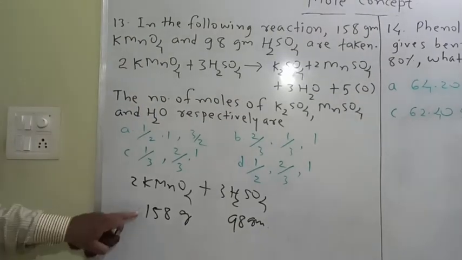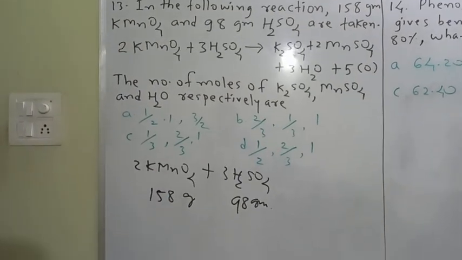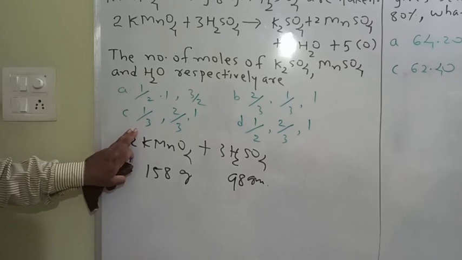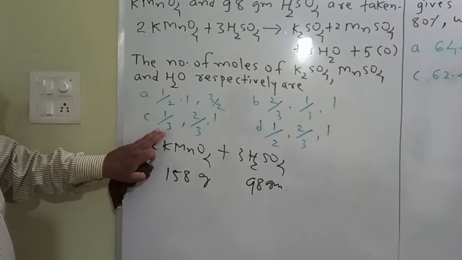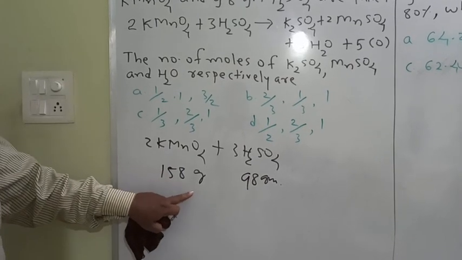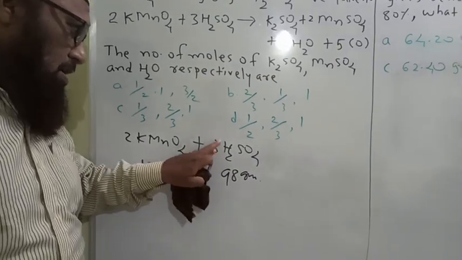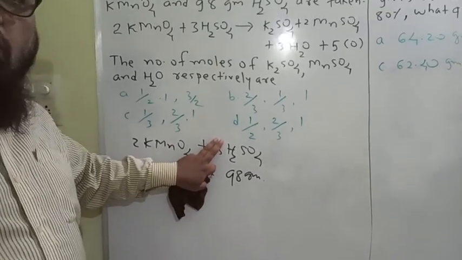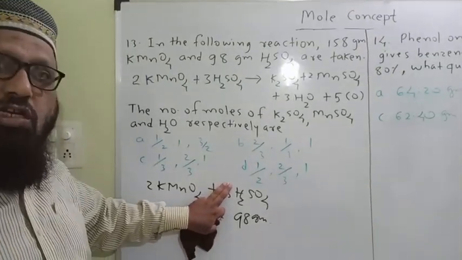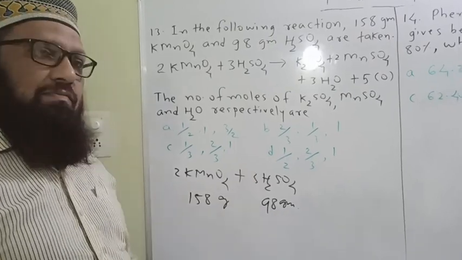See here, molar mass of KMnO4 is 158 gram: potassium 39, manganese 55, 4 oxygen 64, addition 158. Here molar mass of sulfuric acid: 2 hydrogen 2, 1 sulfur 32, 4 oxygen 64, 98 gram.